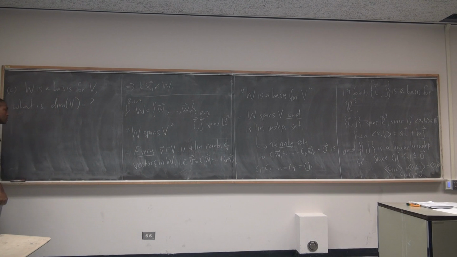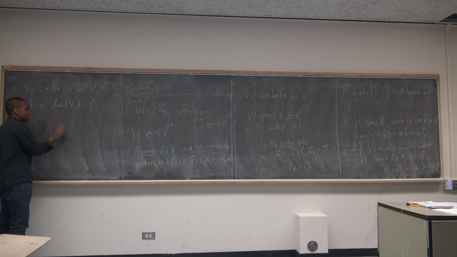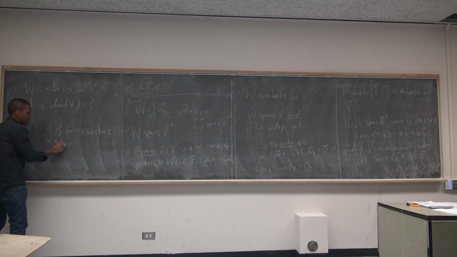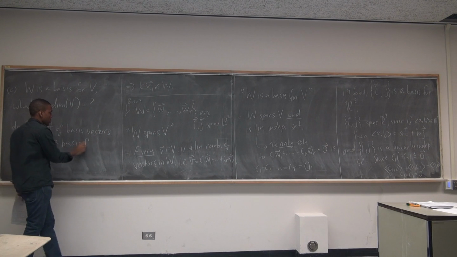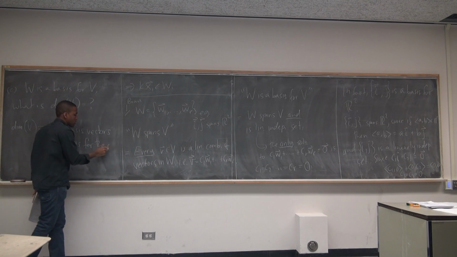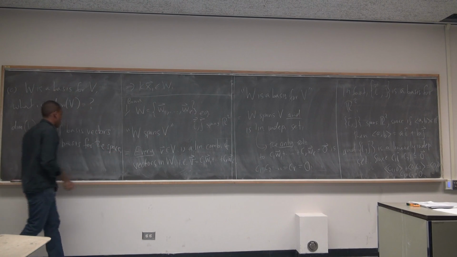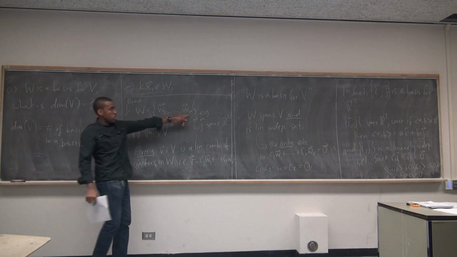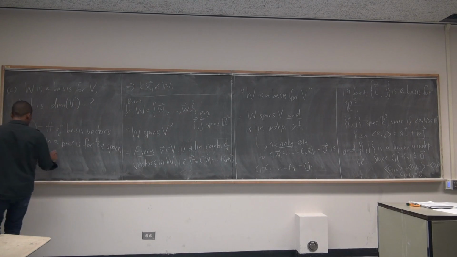It turns out it's the number of basis vectors. The dimension of a space equals the number of basis vectors. And so in this case, the number of vectors in my set was R. So R was the dimension of V.